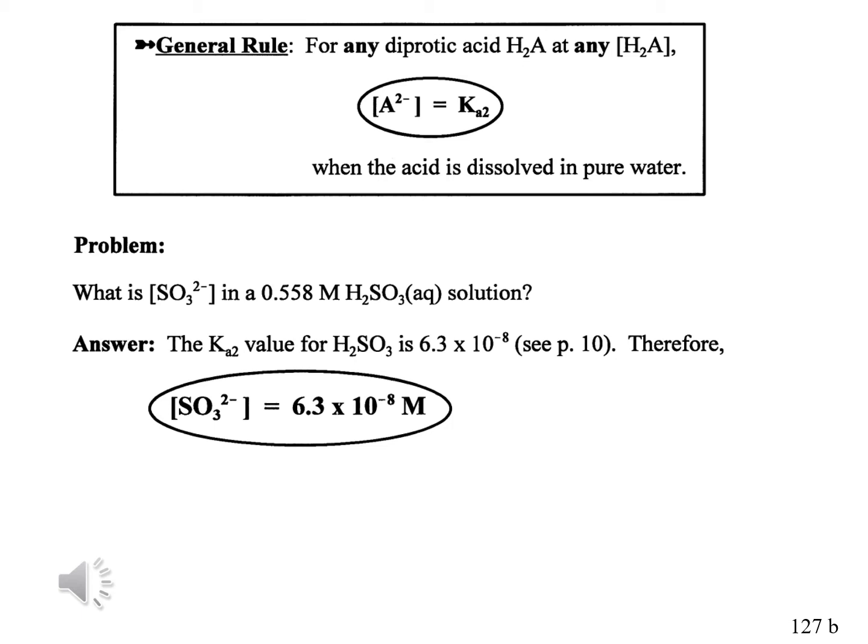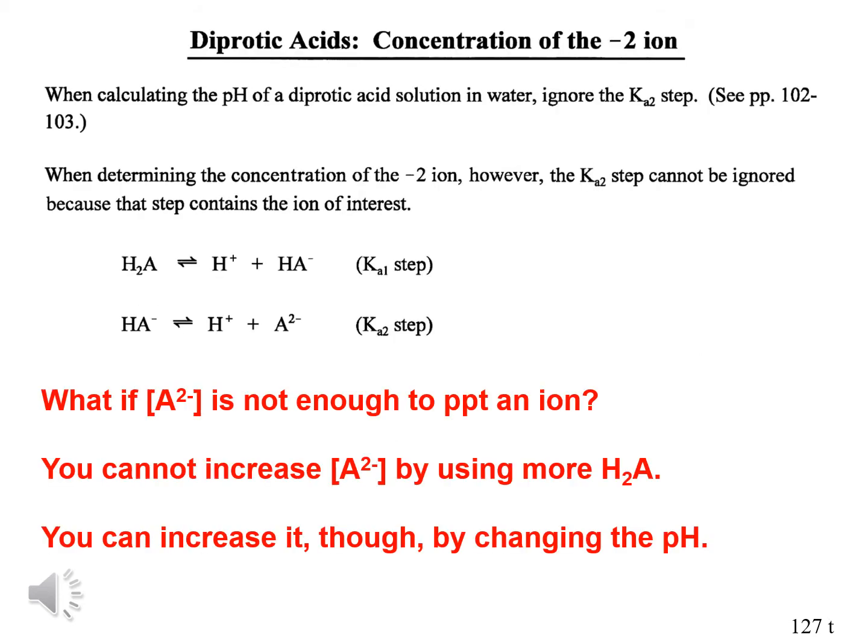But what I want to show you is that this number can be controlled by using the pH. So what if that concentration of A2- is not enough to precipitate an ion that you want to precipitate?